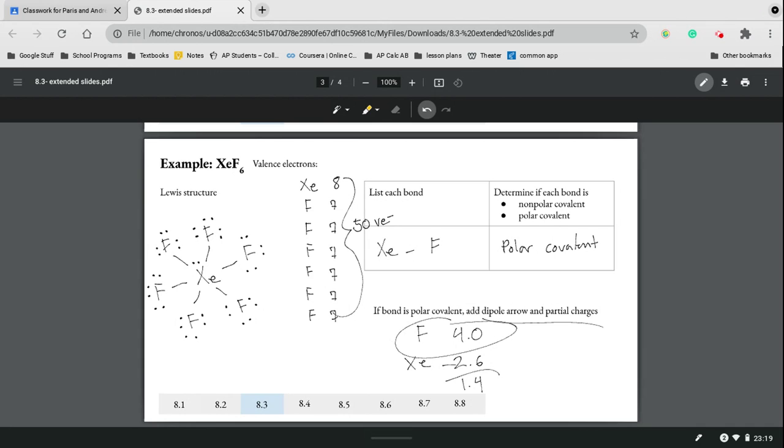Fluorine is more electronegative, so it gets that delta negative, xenon getting that delta positive. And all those arrows point out to fluorine with their little positive ends toward xenon.